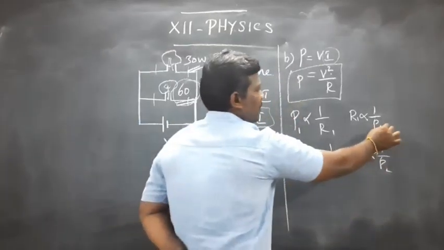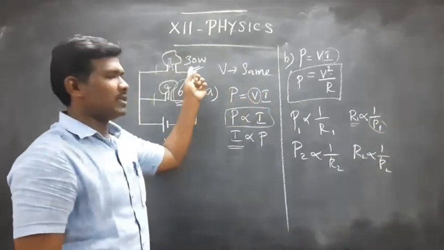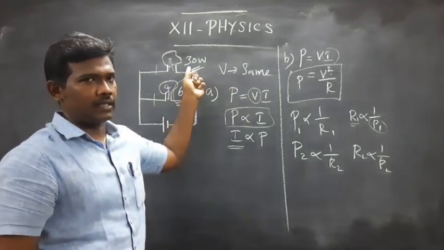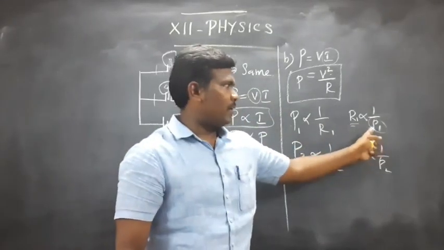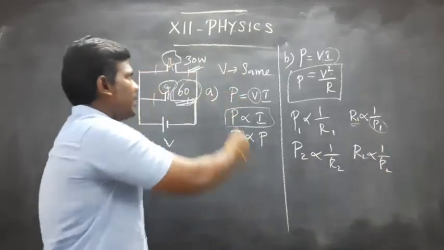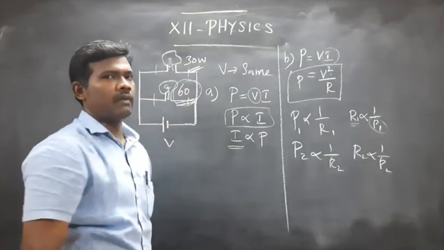So lesser power means greater resistance. The lesser power bulb is the 30 watt bulb, so that bulb has greater resistance. So the 30 watt bulb will have higher resistance compared with the 60 watt bulb.